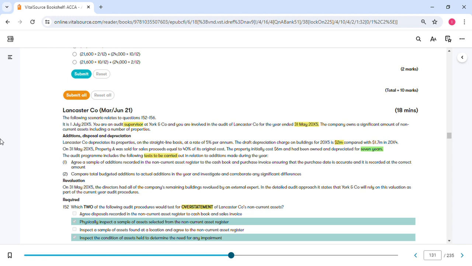Now, this is step 2. Step 3 is what? Carrying amount. Write down. Carrying amount is initial amount minus accumulated depreciation, 7 years.